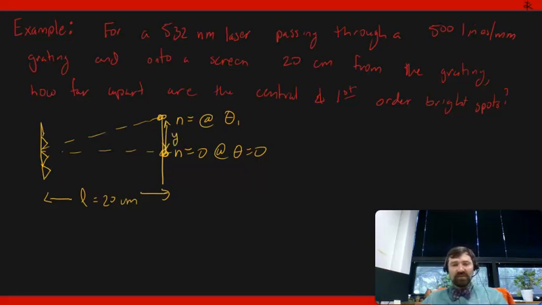And so looking at this triangle that I can draw here, I can see if this right here represents theta 1, and this represents y1, then the tangent of theta 1 is equal to y1 divided by L. And it's just using right triangle geometry.